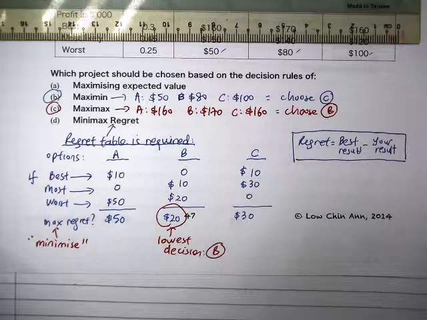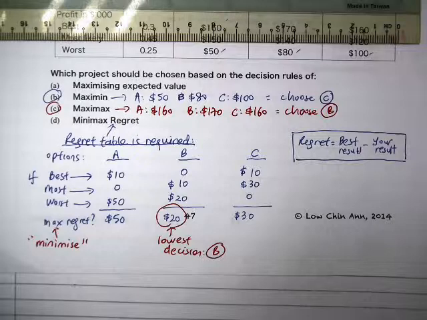So this is a very simple attitude that you're always very self-comforting. What do you mean by self-comforting? For example, if you choose B and it turns out to be the best, you're very happy. Now if you choose B and it turns out to be most likely, of course you regret. But when you feel regret, you say luckily my regret is 10, not 30.